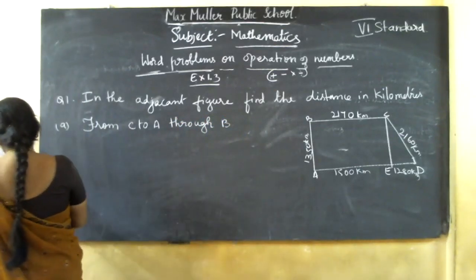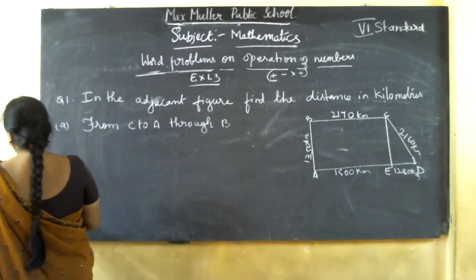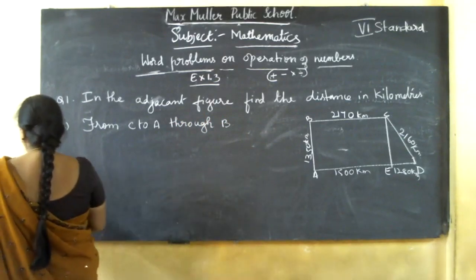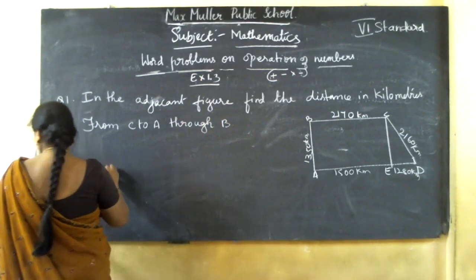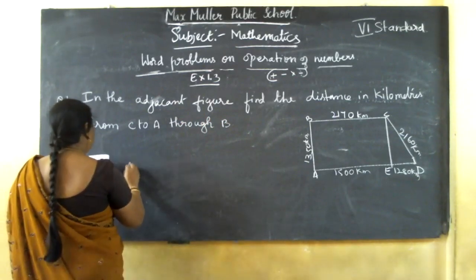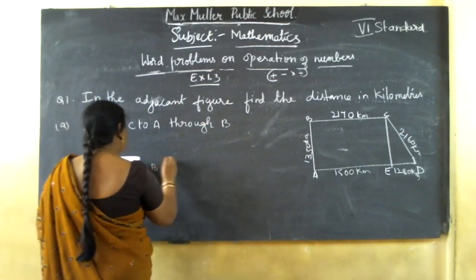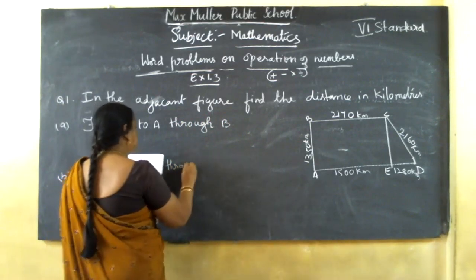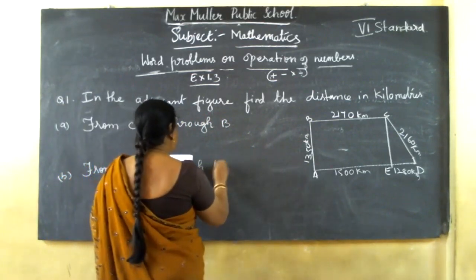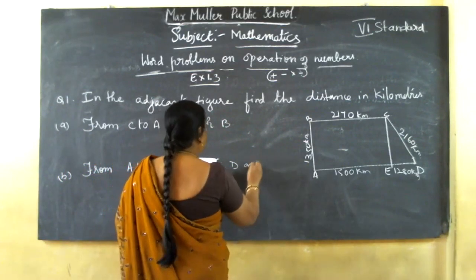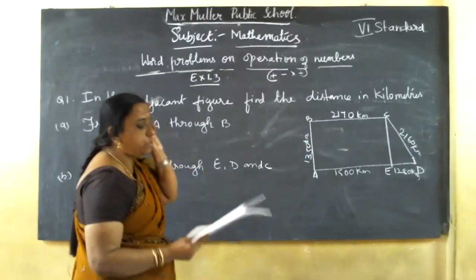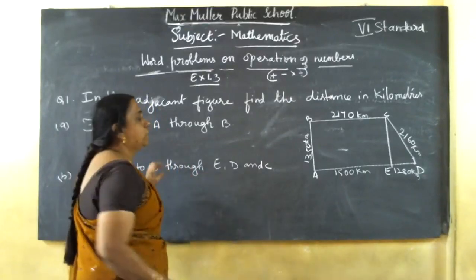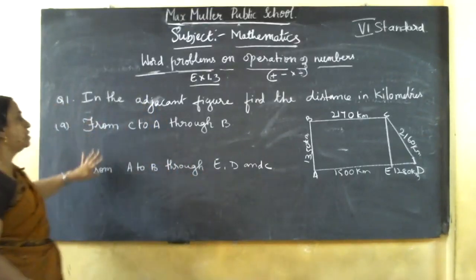B question is from A to B through E, D and C. Okay, 4 sums are there. I'll do 2 sums. It's very easy. You can do it yourself. So I'll go for only 2 sums.